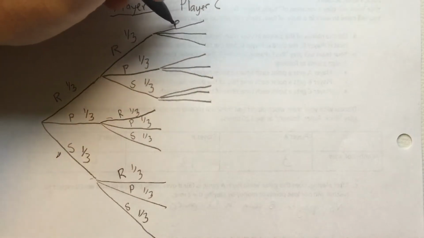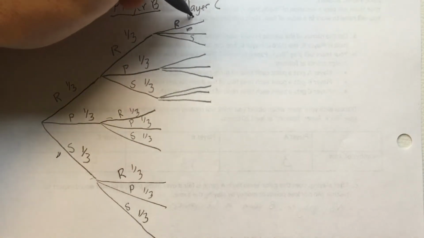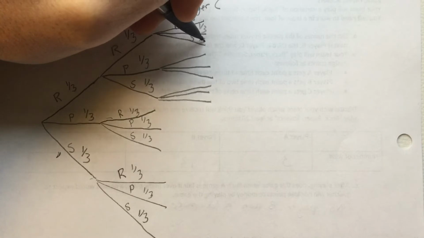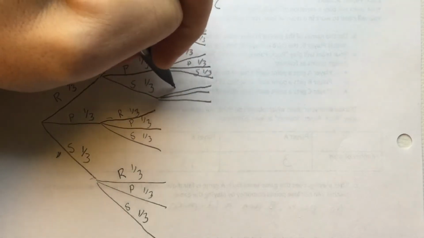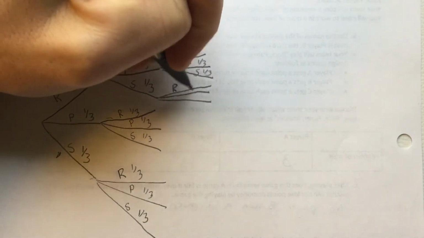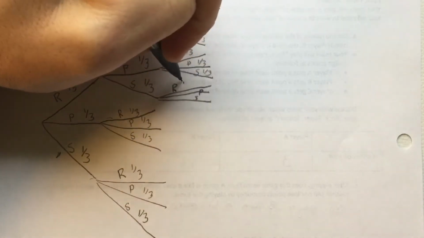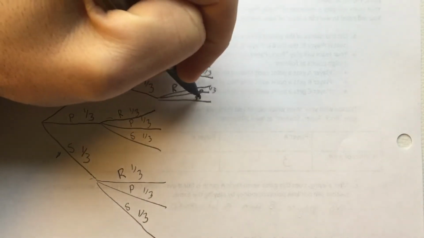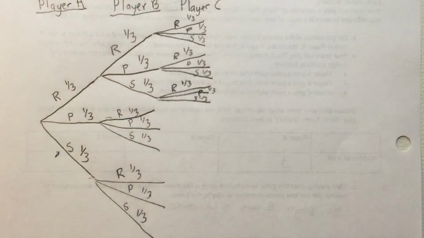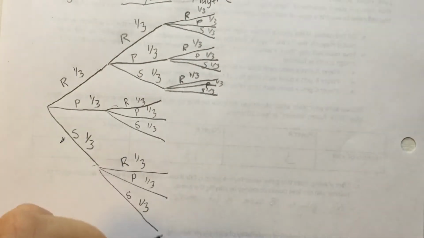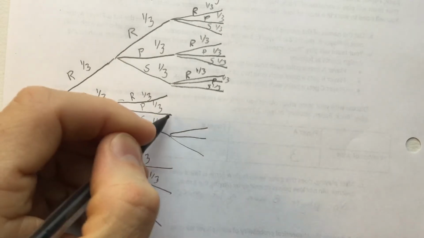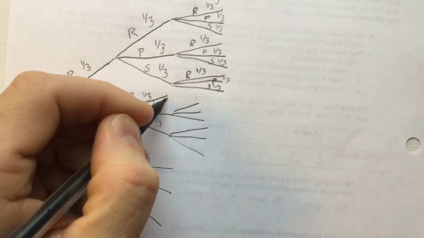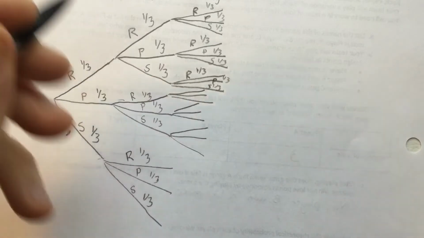So we'll have, again, rock, paper, scissors, 1/3, 1/3, 1/3, and so on for each. This is where it can get a little messy. Off of each of these, I need to do rock, paper, scissors, and even with me trying, it still got messy.